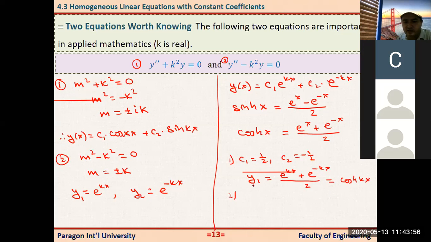And if I substitute c1 equals 1 over 2 and c2 equals minus 1 over 2, we get another particular solution: e to the power kx minus e to the power minus kx over 2, which is equal to sinh of kx.